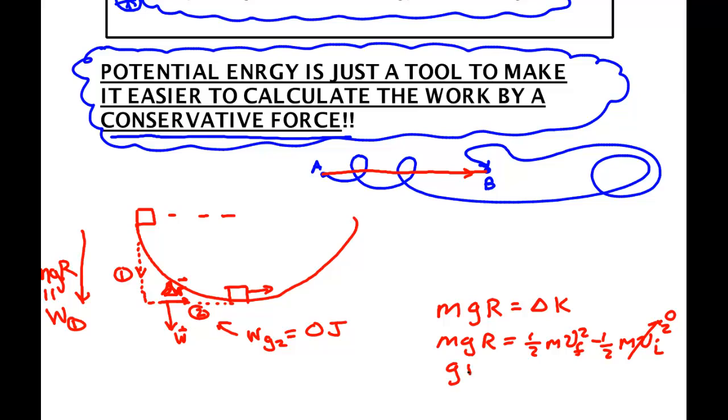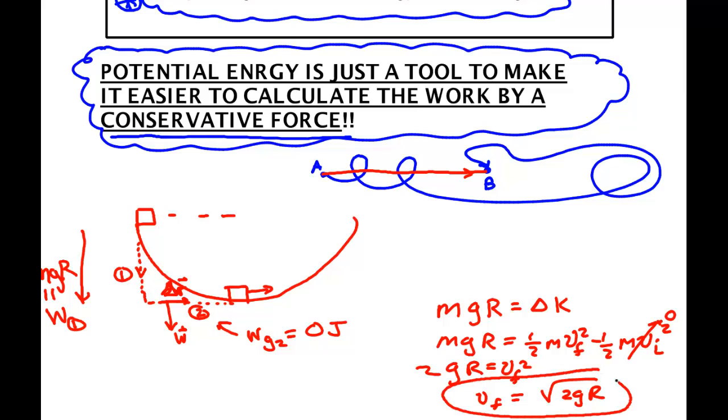So 2gr is equal to v squared, so the final speed is the square root of 2gr. Did I work the complicated path of going along this curve? No. I took advantage of the fact it's conservative and computed the work for a simple path where it went straight down and the force and the displacement were aligned.